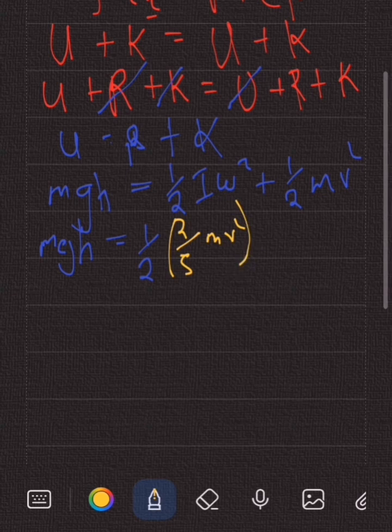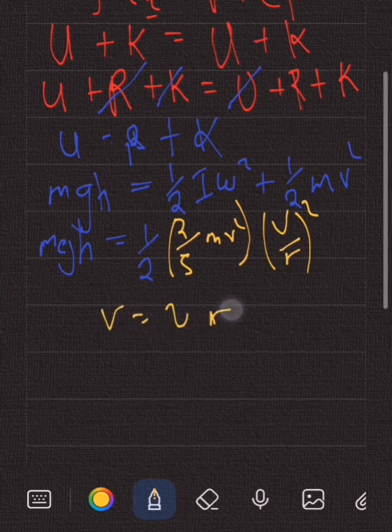And for the angular velocity part, we're going to change this angular velocity into the linear velocity. So this is going to be v over r, squared, since usually v is equal to omega r.